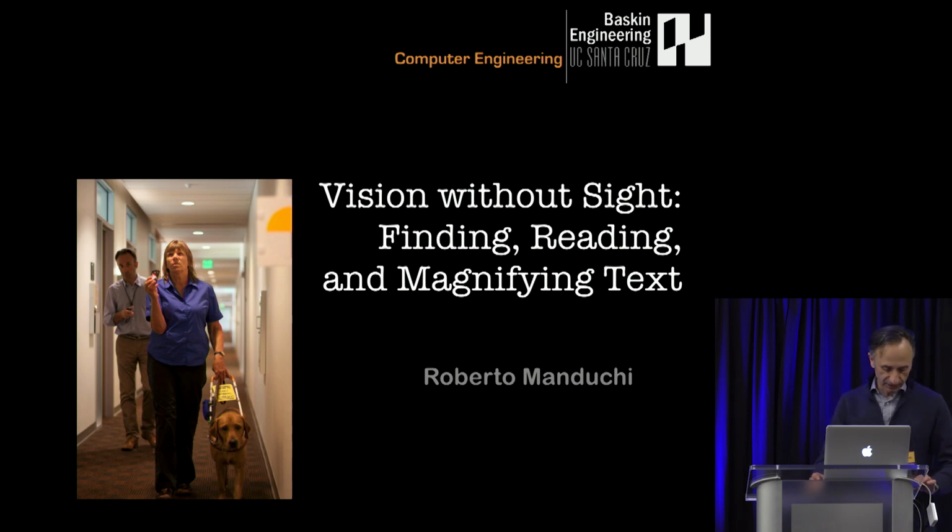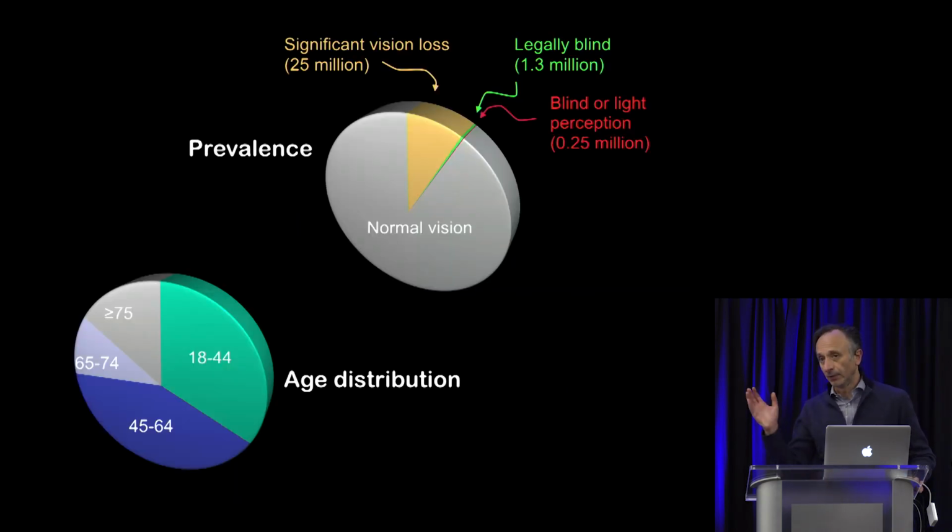So let me just start with some stats about the population that we try to serve. On the top right here, we have a chart that represents all the US population. The cheddar cheese slice there is people with significant vision loss. These are people who have trouble doing things even with eyeglasses, maybe reading the papers, recognizing people from a distance.